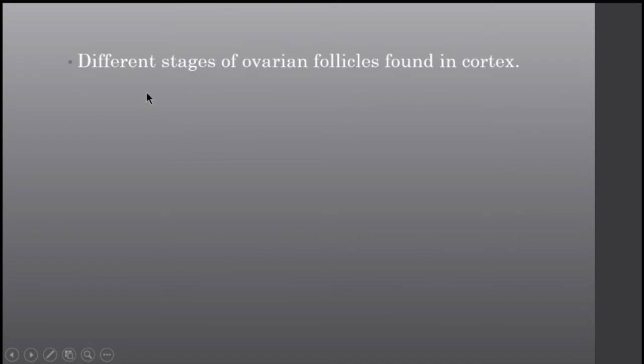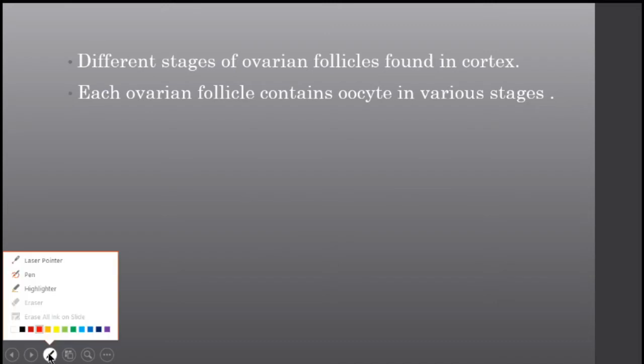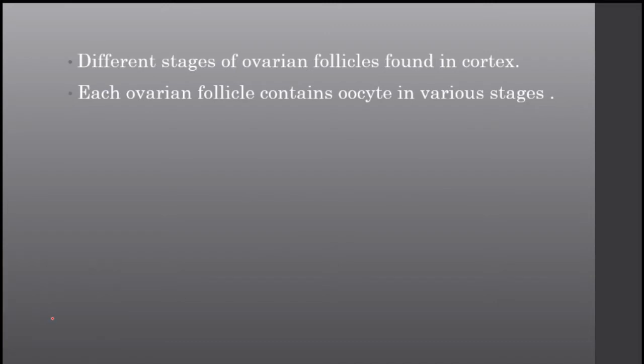As I told, right now the different stages of ovarian follicles are found in the cortex, and each ovarian follicle contains an oocyte in various stages. Suppose this is the primordial ovarian follicle. Inside this follicle the ovum is present like this.